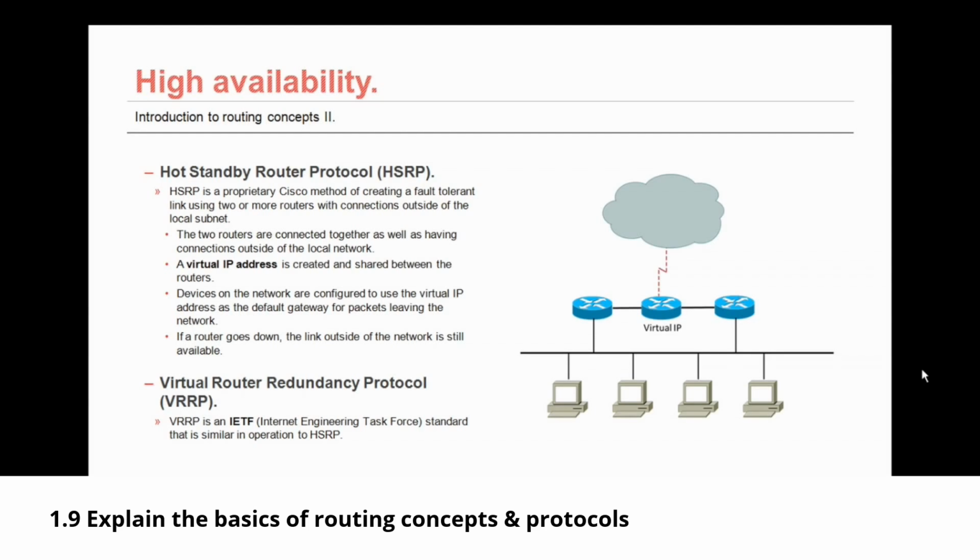Devices on the network are configured to use that virtual IP address as their default gateway for packets leaving the network. If a single router goes down, the link outside of the network is still available. Another high availability technique is Virtual Router Redundancy Protocol, VRRP. It is an IETF, Internet Engineering Task Force standard that is similar in operation to HSRP.